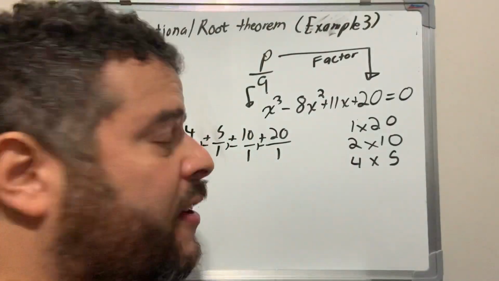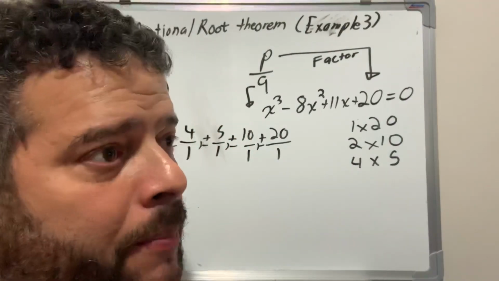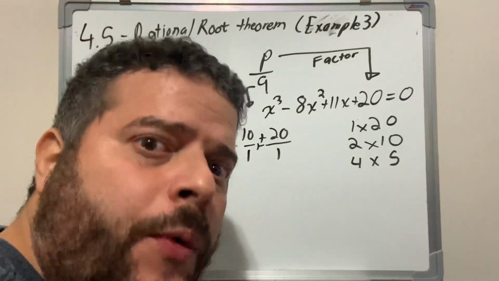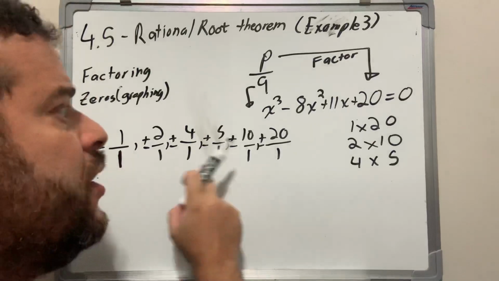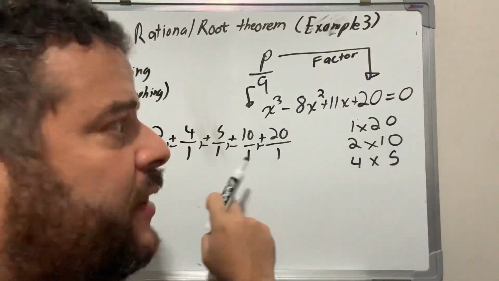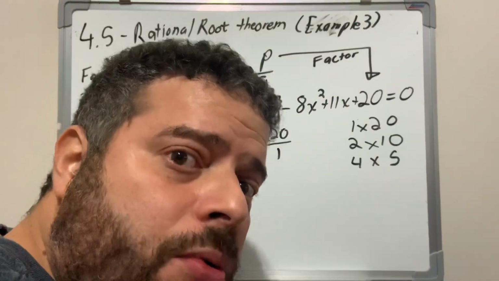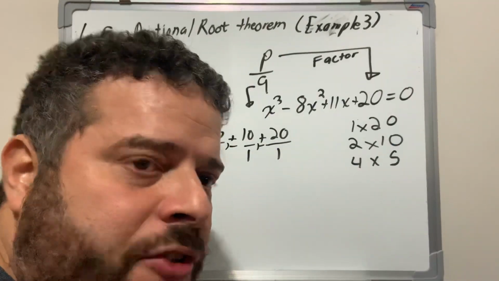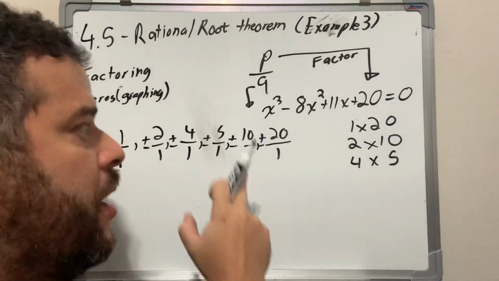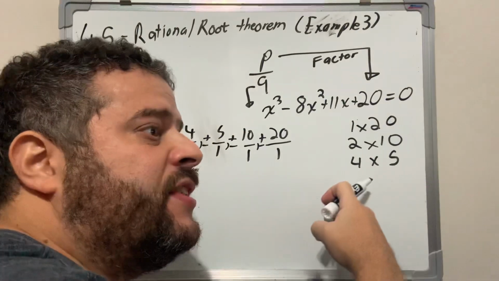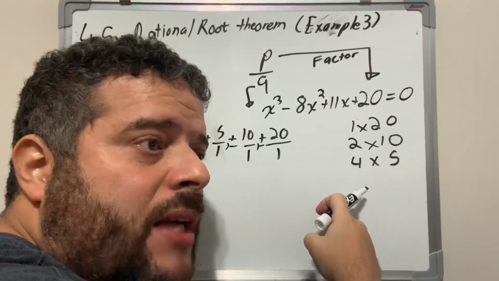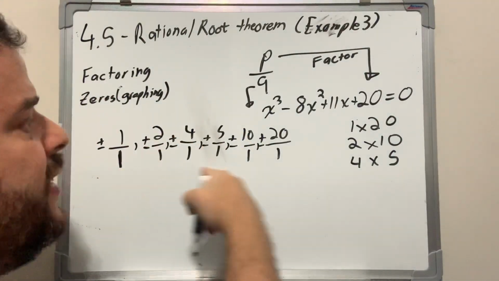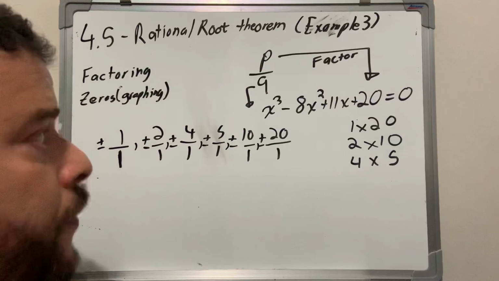And I'm going to use the factor theorem, that we learned, to see which of these divisions are the actual solutions. Again, remember the factor theorem: if I synthetically divide by a number and I get an answer of 0, I'm looking at a factor. Again, let's write these possible solutions here so we don't forget them.